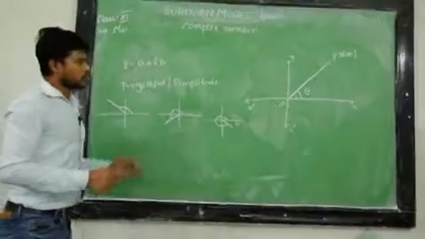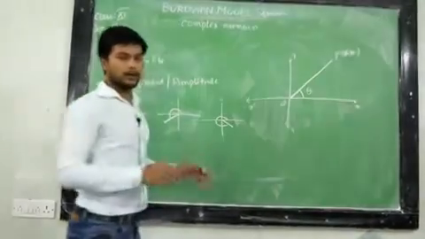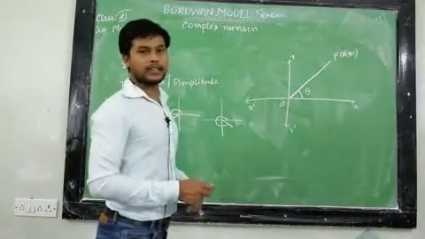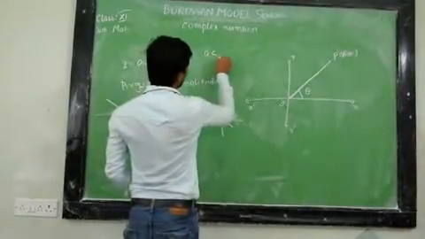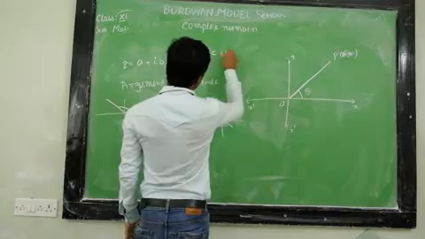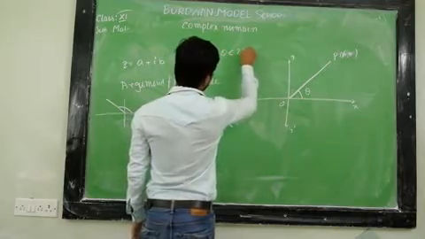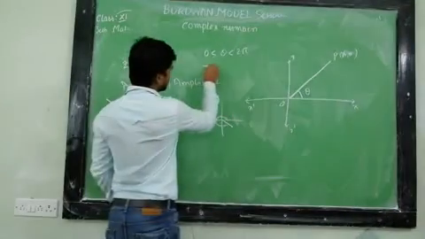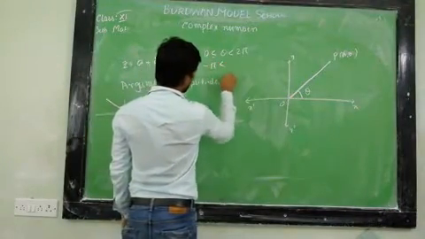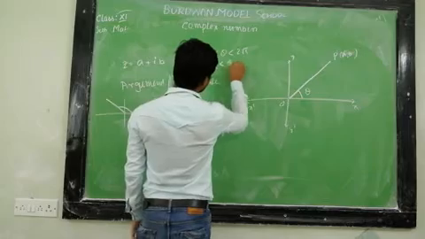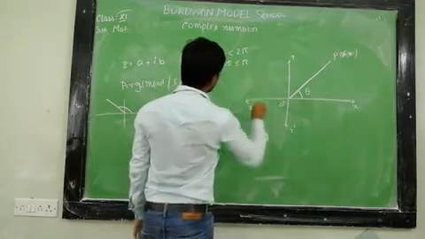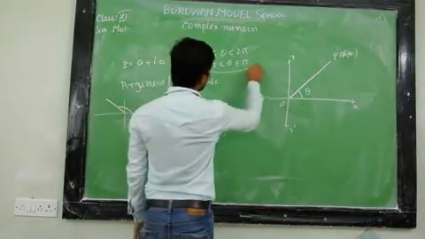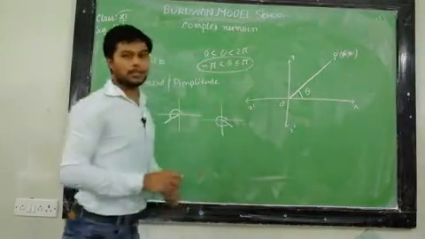Okay, so argument will lie in any interval of length 2 pi, meaning 0 ≤ theta < 2 pi. But if we consider the interval as -pi < theta ≤ pi, then the argument is called the principal argument or principal amplitude.